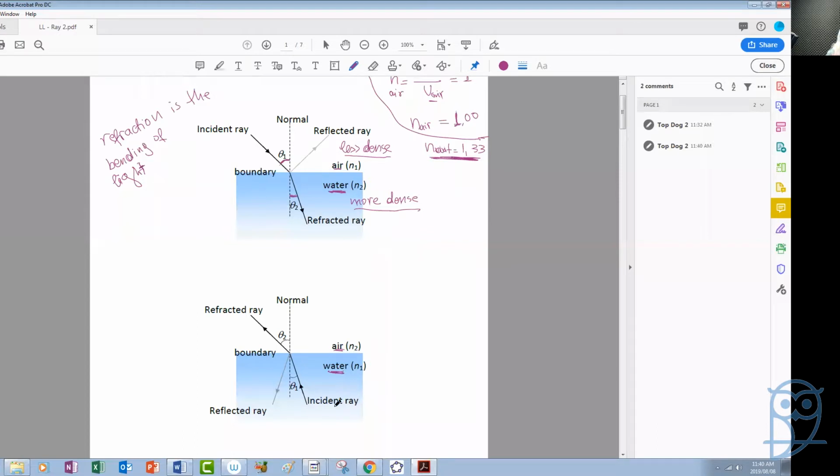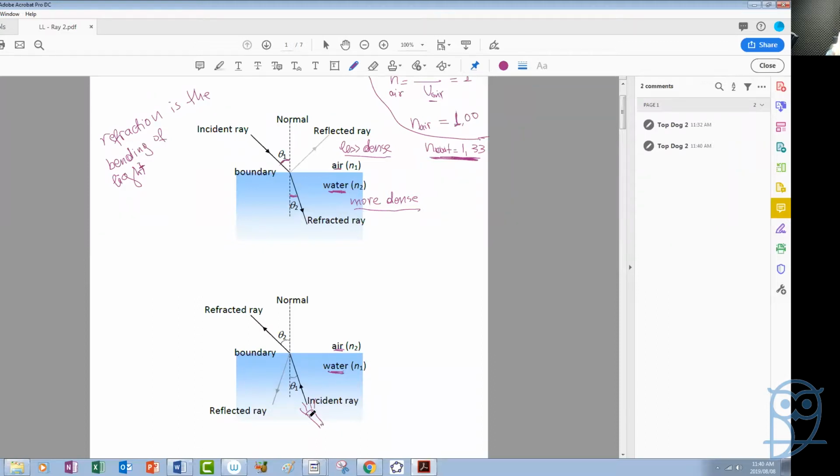If light moves from water out into the air, again there will be refraction because the light will bend, but this time it will bend away from the normal. So here is the normal, here is the incident ray, from water out into the air. For example, somebody at the bottom of a pool shines a torch towards the surface of the water. Here there is a torch.